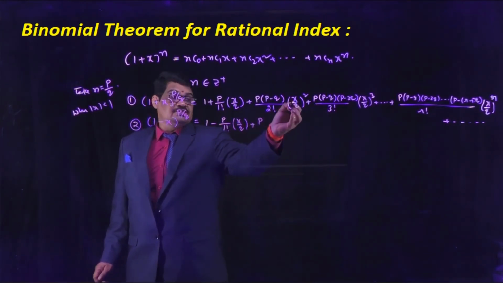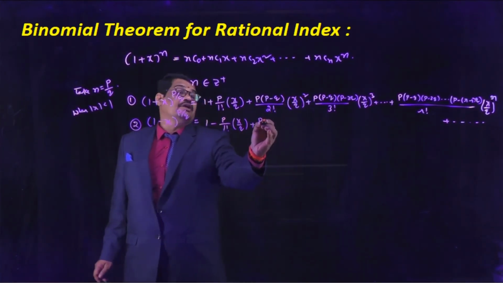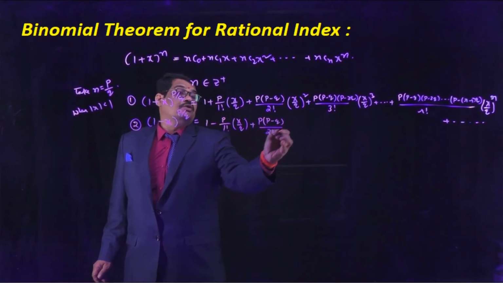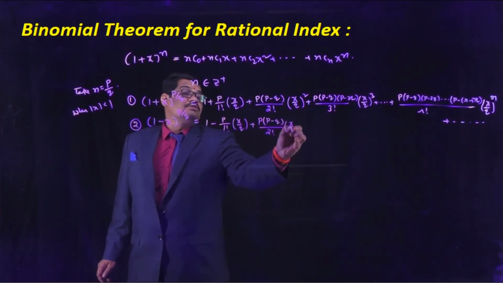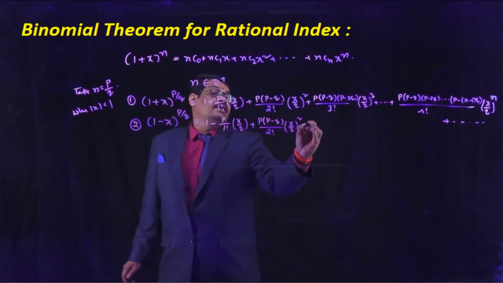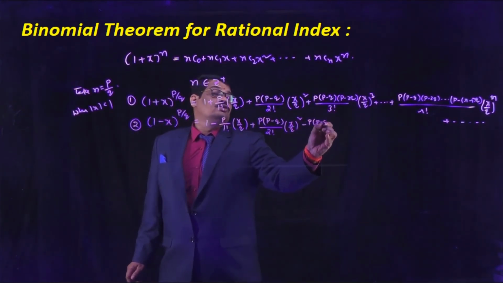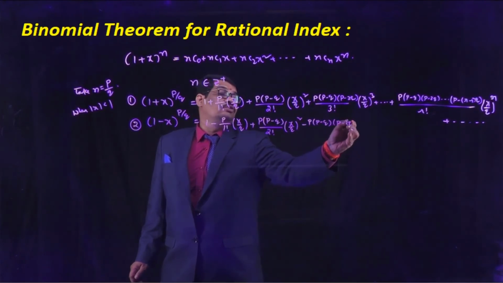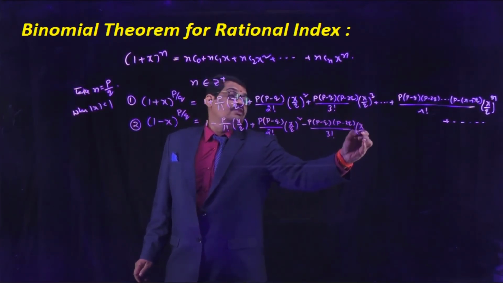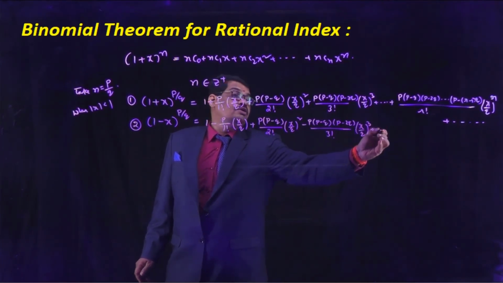Here (−x) whole square gives plus, so we get p(p−q) by 2 factorial into (x/q)^2. Here (−x) whole cube gives minus, so we get p(p−q)(p−2q) by 3 factorial into (x/q)^3, and so on.